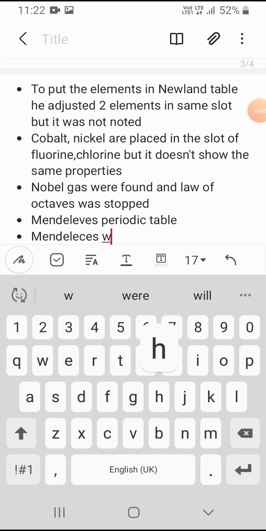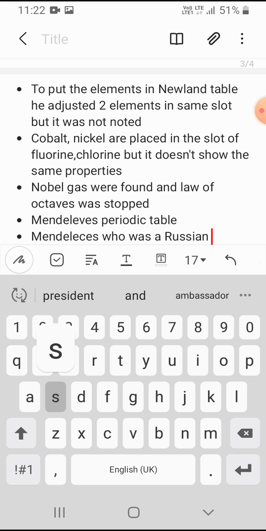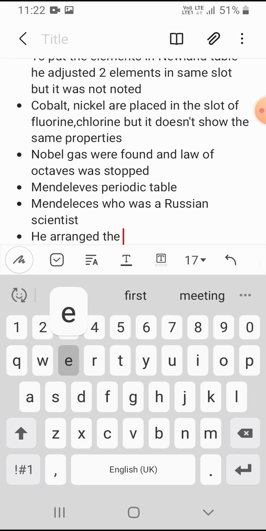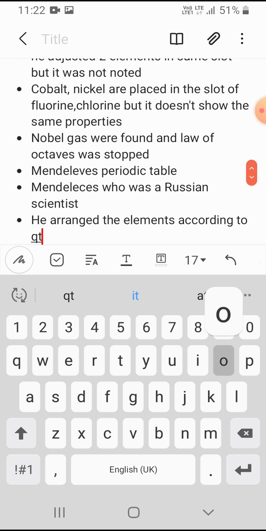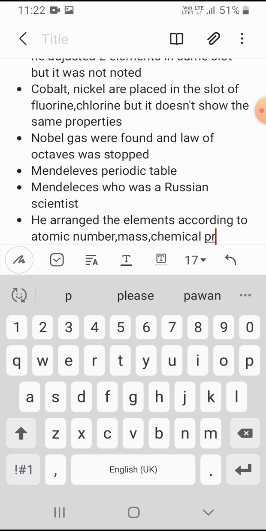Mendeleev, who was a Russian scientist, arranged the elements according to atomic mass, chemical properties, and all that.